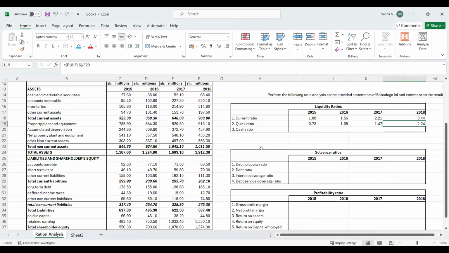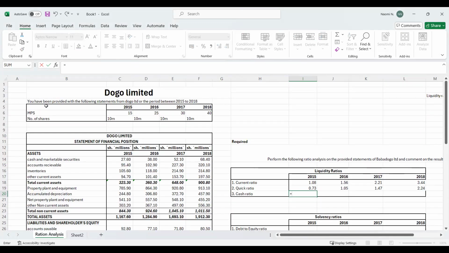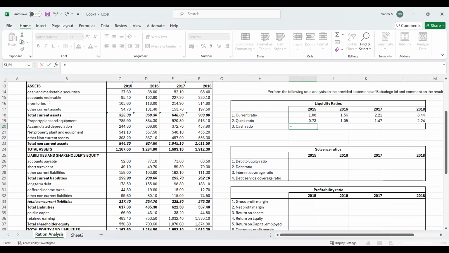Okay, so we'll come here and the cash ratio is equal to, we said it only focuses on cash. So we go to the total current assets, then we focus only on cash. We have cash and marketable securities.